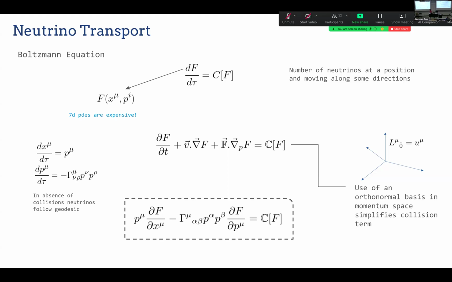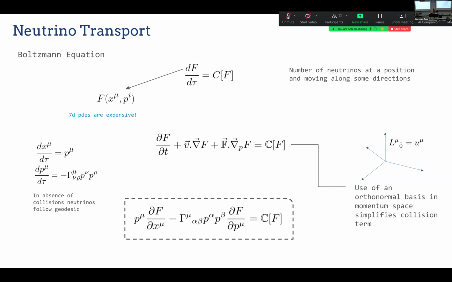And this is essentially the expression: df d tau, where d tau is just the affine parameter in phase space, is equal to some collision term. It's important to note here that the distribution function is not just a function of position, but it is also a function of the momentum of the radiation carrier. So the resulting PDE that you get at the end of the day is a 7-dimensional partial differential equation.